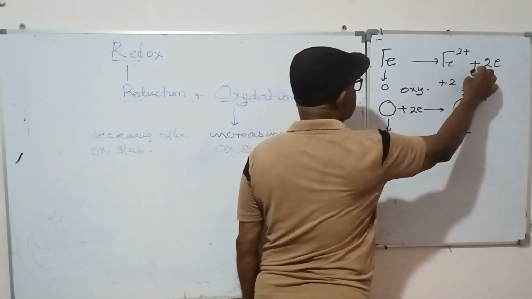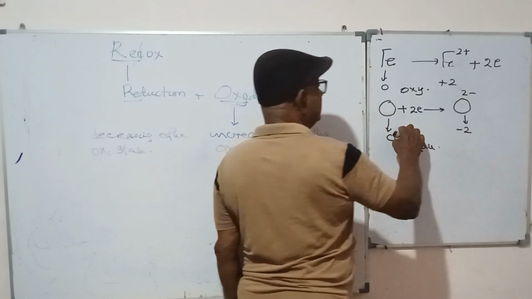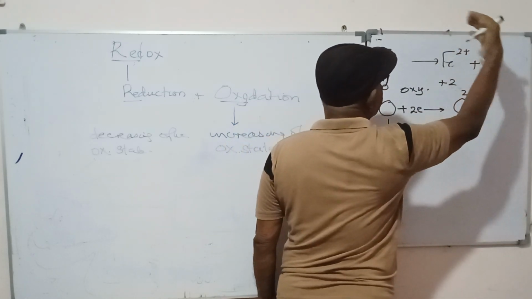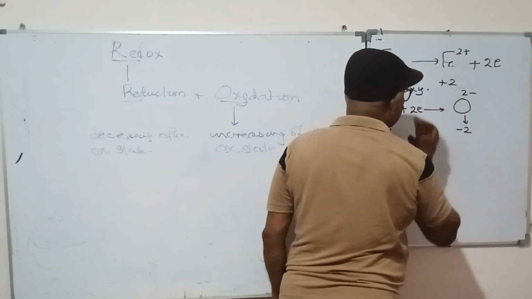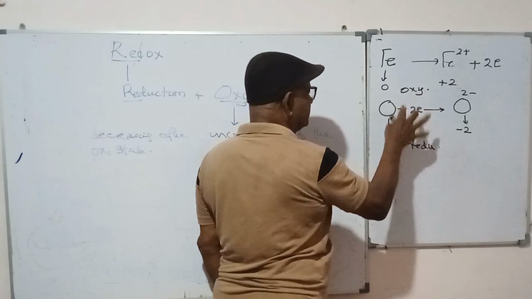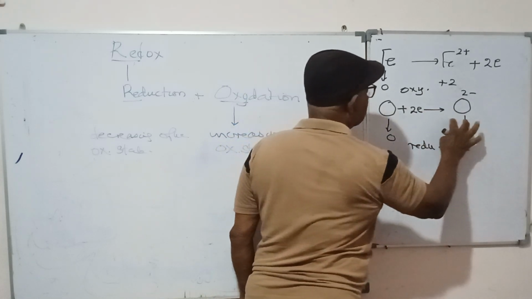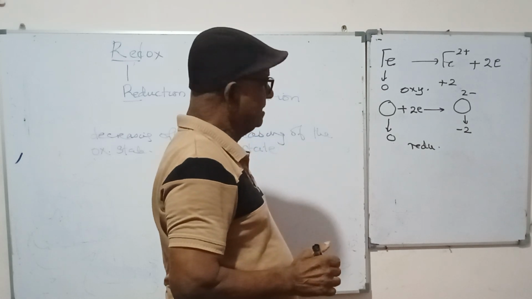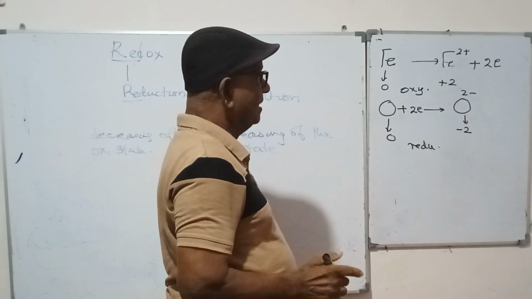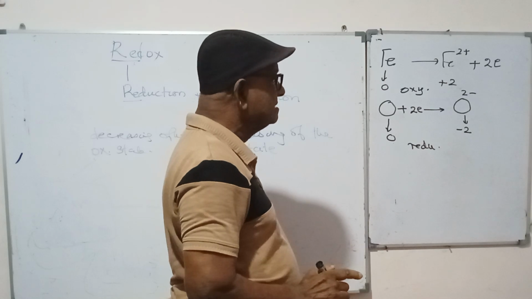So it is clear that, right? Electrons are added on the right side during the oxidation half reaction. Electrons are added to the left side during the reduction half reaction.